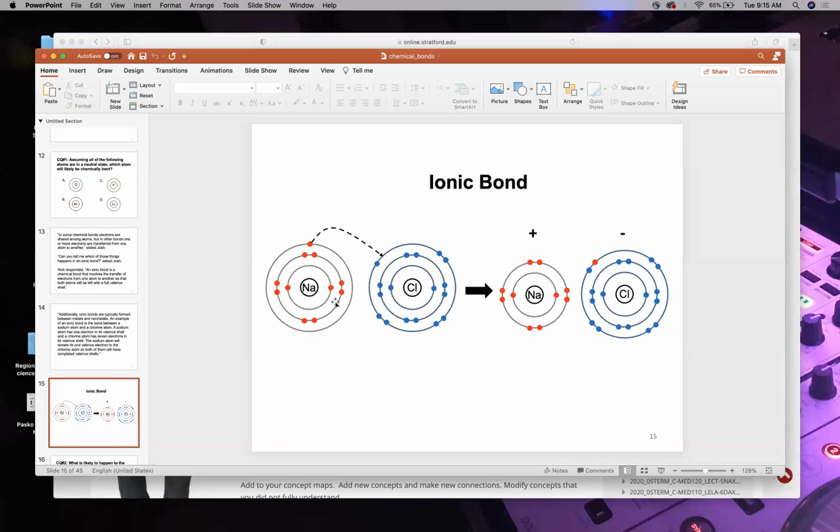So I just mentioned the ionic bond. Ions are, if we recall, the sodium has one less electron, therefore it is positive. Now chlorine has an extra electron. That's why it's negative.